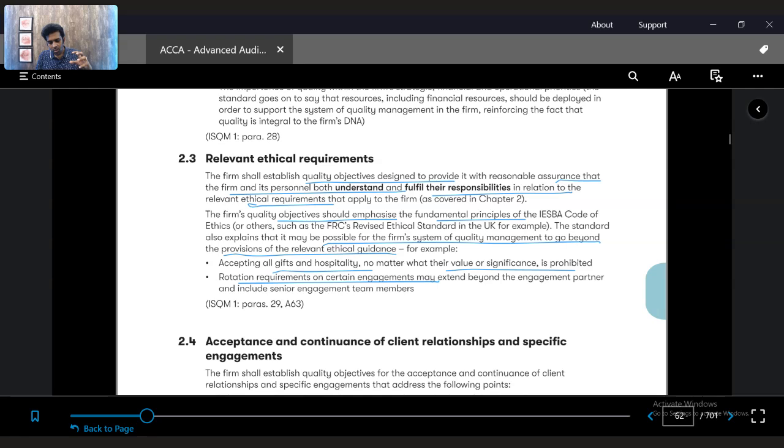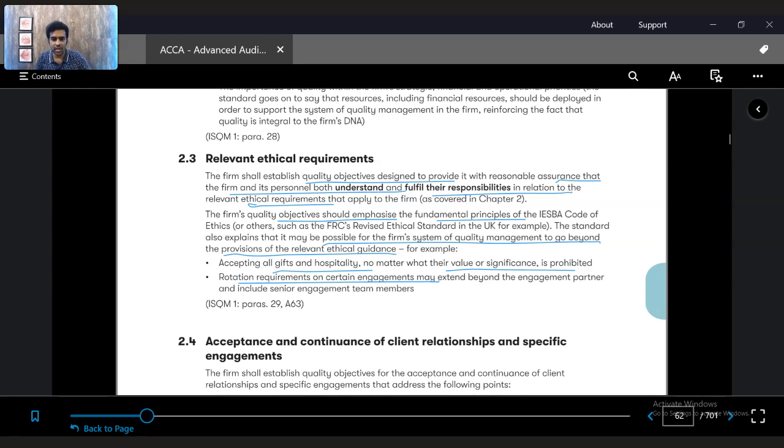So now what you need to understand is that from an audit perspective, AAA perspective, for your exams, there will be situations where in a scenario they are not compliant with the ethical requirements. There could be cases where the auditor accepted a bribe or gift or hospitality.